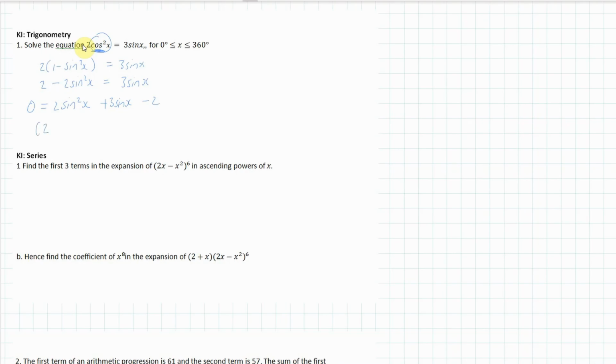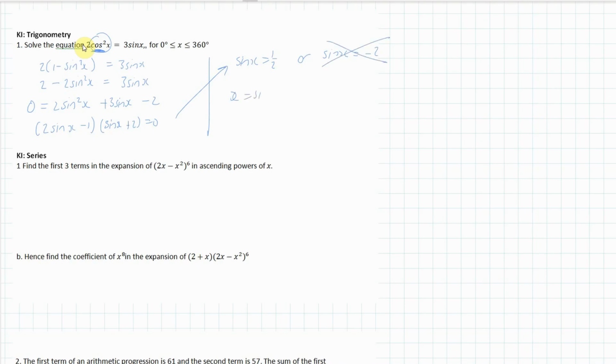So I'll get 2 sine x minus 1 into sine x plus 2 equals 0. And so I'm going to get sine x equals 1/2, or sine x equals -2. Well, there's no real values for that one, so we can ignore that.